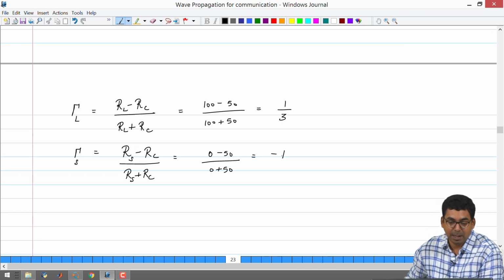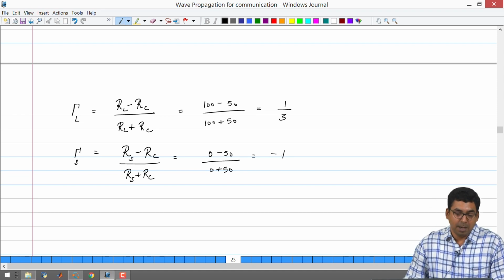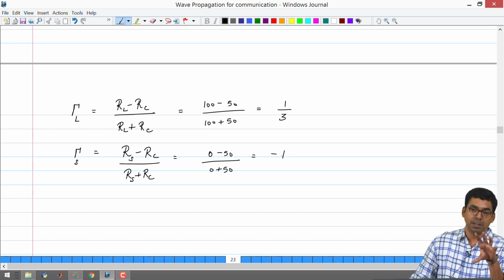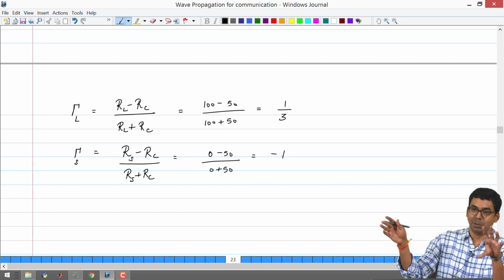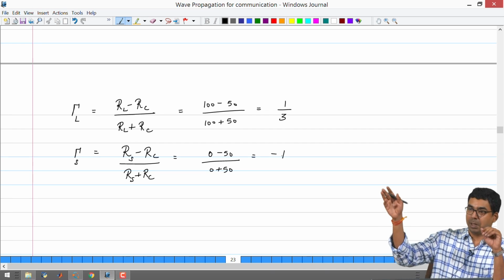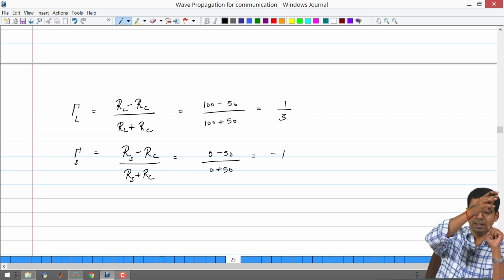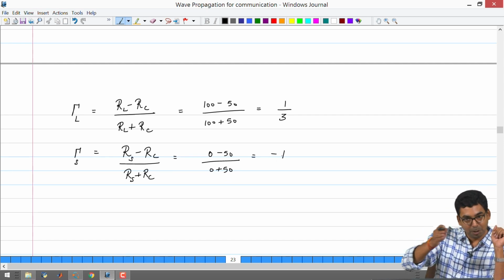So, there are other things that can happen also. That means that here you will be launching a voltage on the left hand side of the transmission line. It will go to the load, 2/3 of it will get transmitted, 1/3 of it is going to get reflected back. That 1/3 is going to come entirely to the other side of the transmission line, flip in its amplitude and go to the right hand side again.